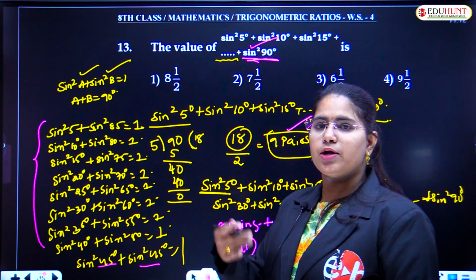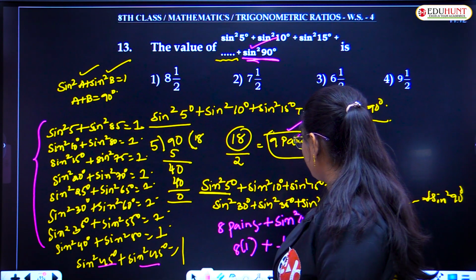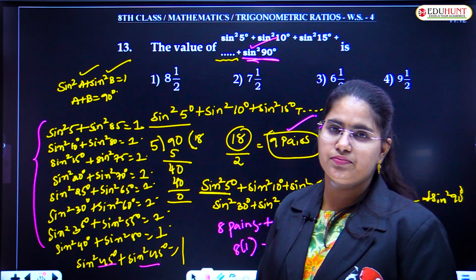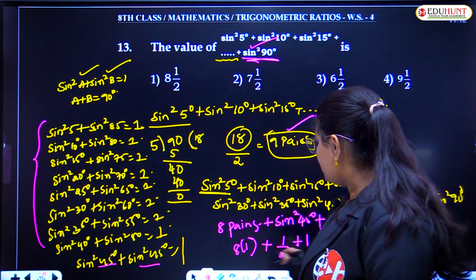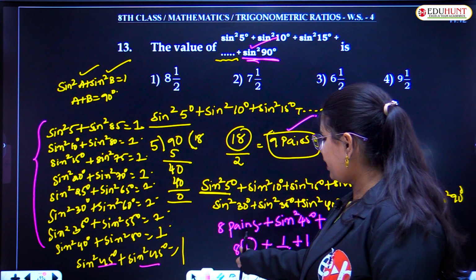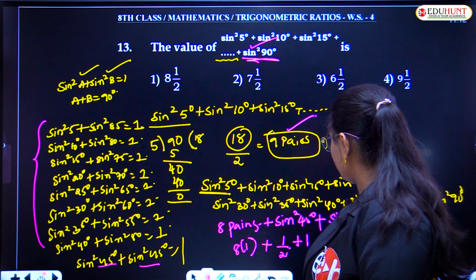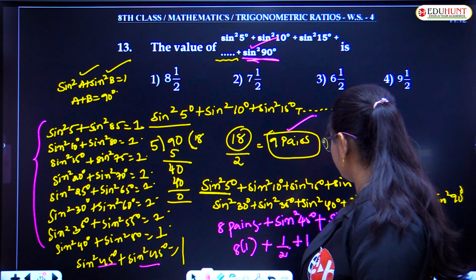Yes or no? 1 by root 2 whole square will become 1 by 2. And sin 90, everybody is familiar, the value is 1. Just take out the LCM, add: 16 plus 1 plus 2, which is 19 upon 2.